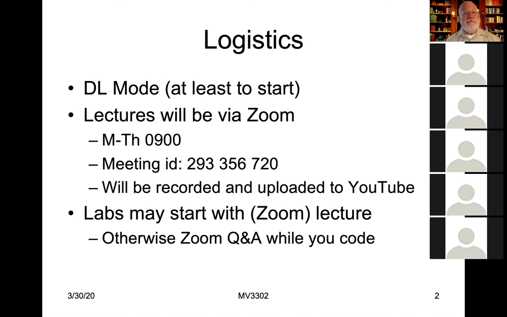The lectures will be via Zoom, as we're doing now, Monday through Thursday at 900, as we are here. It should be the same meeting ID. It's here in the PowerPoint, it's also in the email that you should have received, and it will be recorded and uploaded to YouTube.